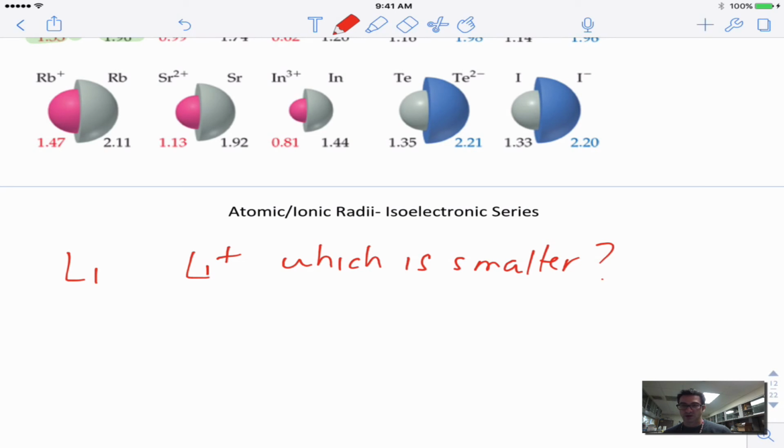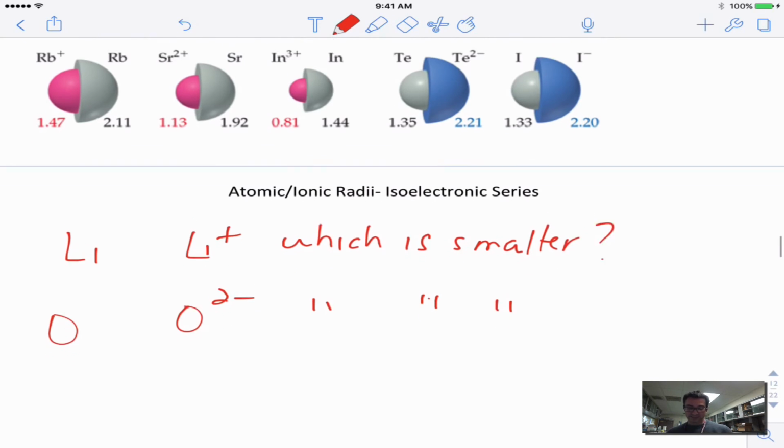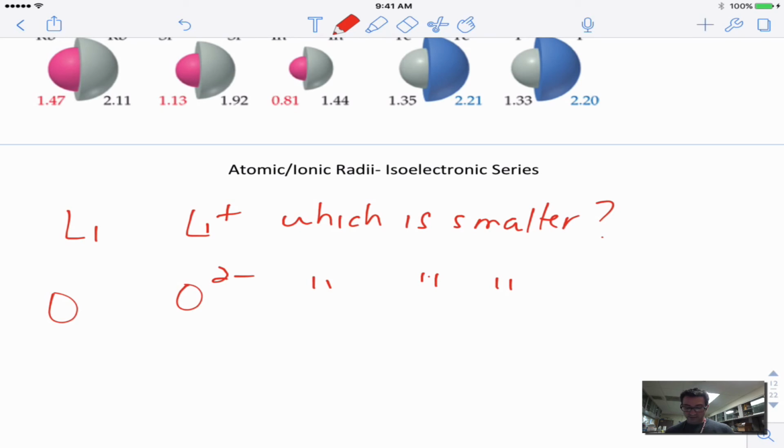Which of those is smaller? How about oxygen and oxygen 2 minus? I could ask you the same question, which is smaller? So let's discuss that in class on Monday. We'll see what you come up with. You should have which is smaller and also why.